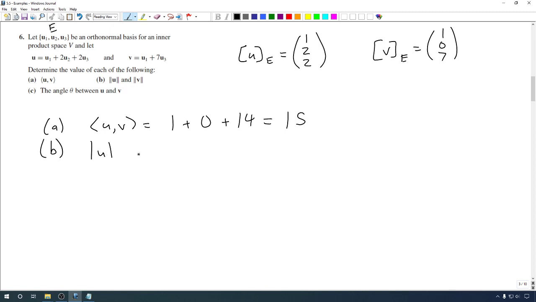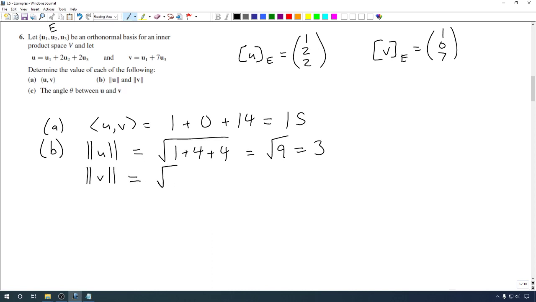Same thing, the norm of u is going to be the square root of 1 squared plus 2 squared plus another 2 squared. And so what do we have here? 1 plus 4 plus 4 is 9, so we have the square root of 9, or the norm, I should say, is 3.